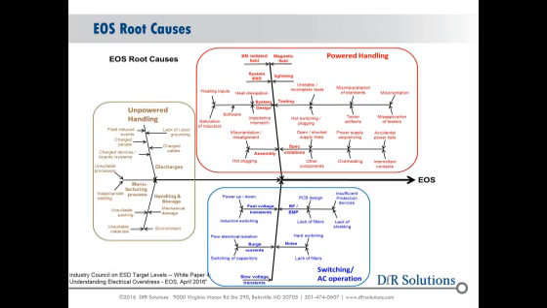Unpowered handling includes large charged board events, charged cables is another example you see there, and dropping it, mechanically damaging it, that then causes later on when you power it up to blow traces and things. And then switching, having to do with flyback, inductive switching and things like that. I think Greg has another slide in here about the ignition systems in trucks and things that cause stuff like that. You want to go to the next one.